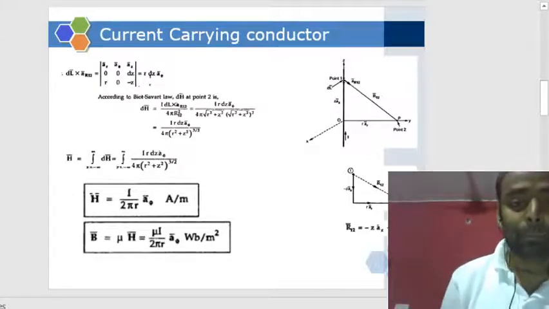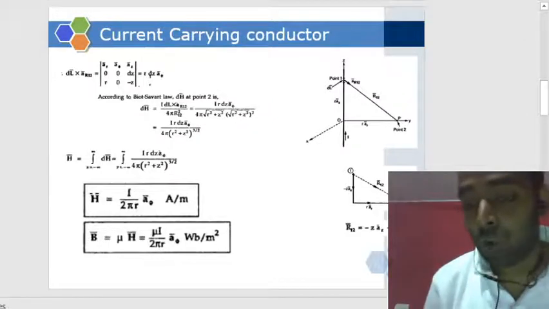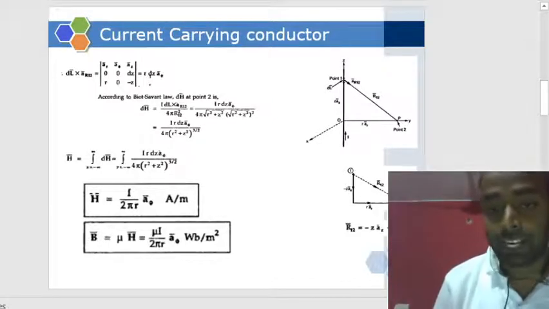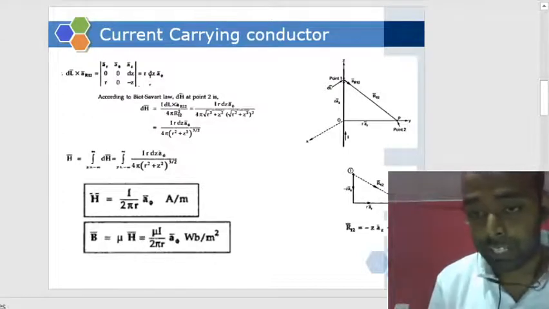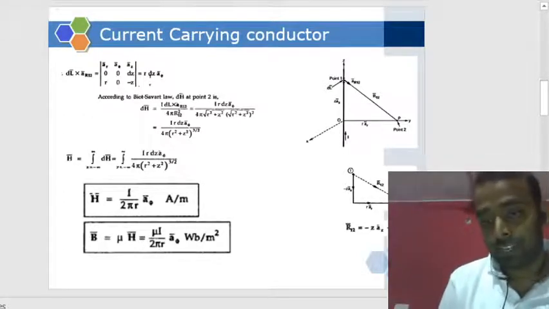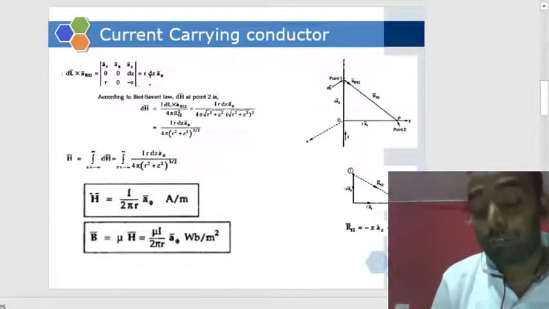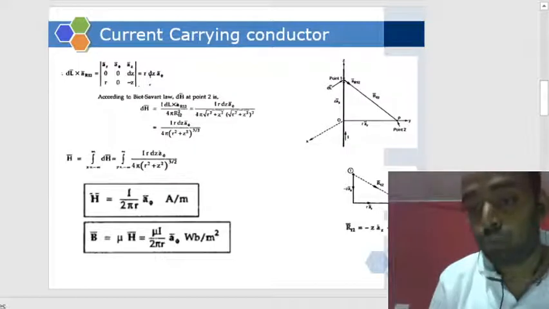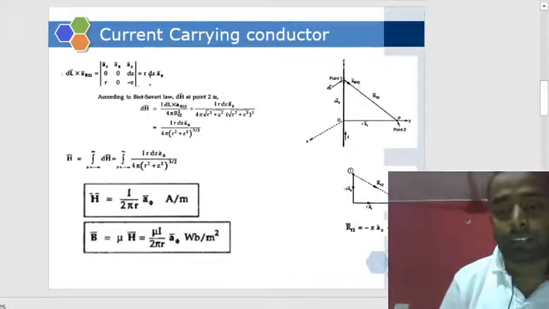Okay. So here you can see that we have an infinite current carrying conductor, which is kept on the z axis, with a point P in the y direction, on the y axis. I mean, you can take it on the x axis also, no issue.